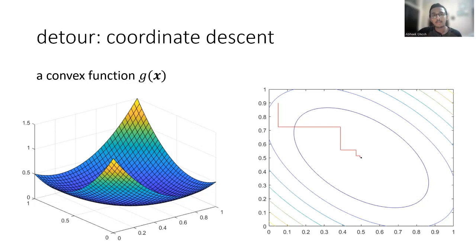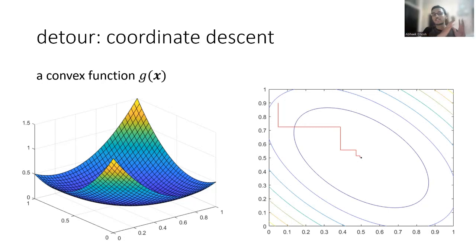We can notice that this coordinate descent dynamics minimizes the function g, and eventually it should reach the minimum value of g. Because even if we fix one of the coordinates, along one of the axes, still in the domain for all the other coordinates, the function g is still a convex function.